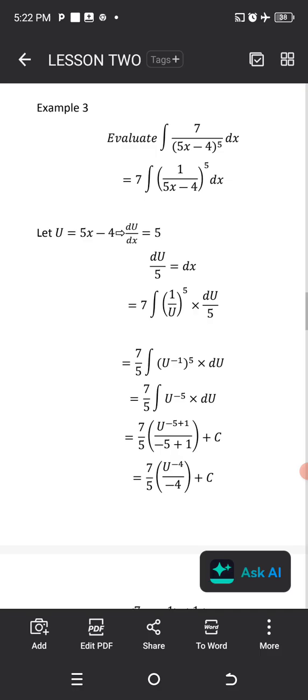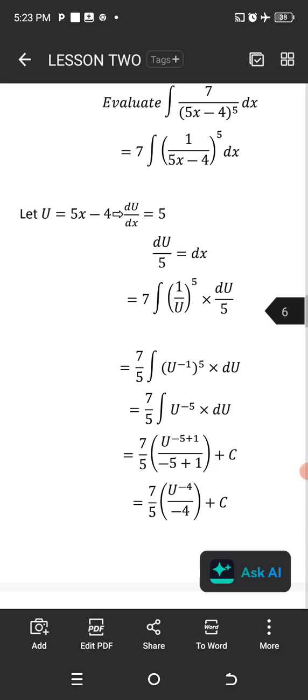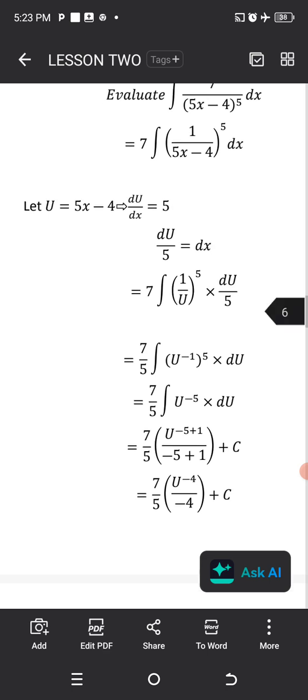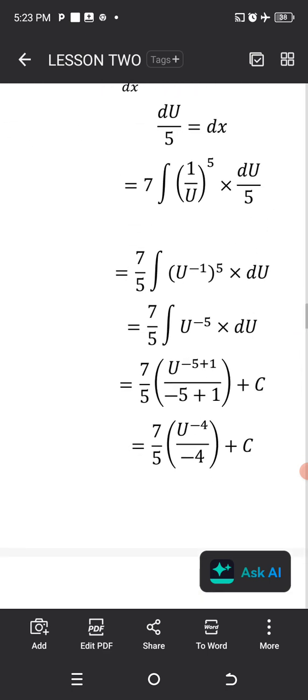So which eventually results to 7 over 5 integral of u to the minus 5 times du. So this you can easily integrate. Yeah, you can use normal integration formula to integrate it, because it's just simple. It's just basic integration question. So after applying it, we eventually result to what?